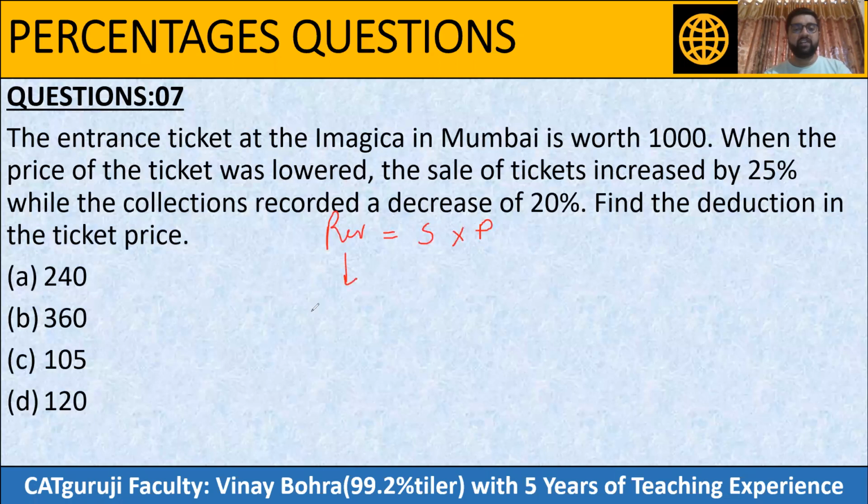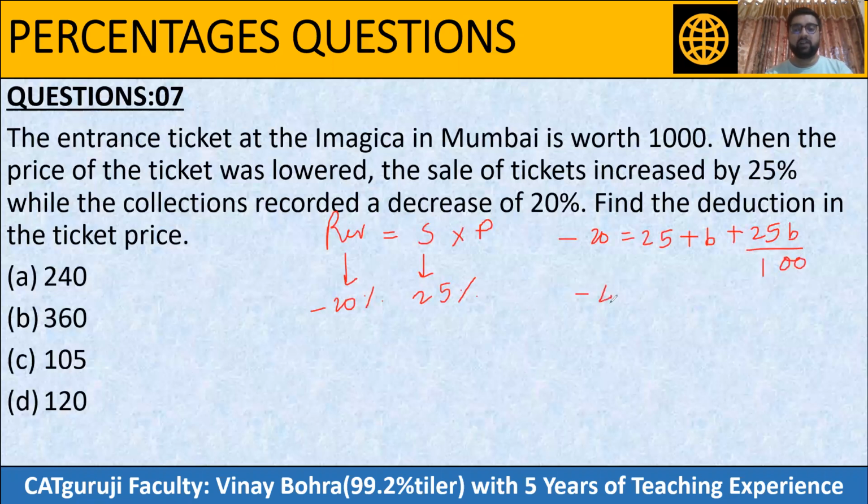So your revenue is decreased by 20%. Your sales of tickets is increased by 25%. We need to first find the change in the price of a ticket. So overall change is minus 20 equals first change 25, second change B, plus 25B by 100.